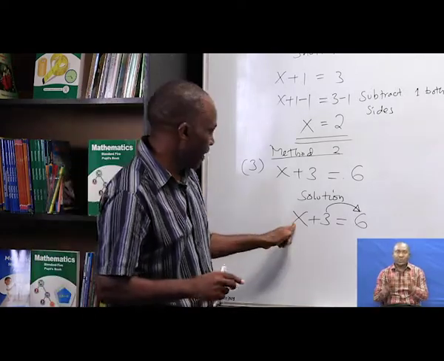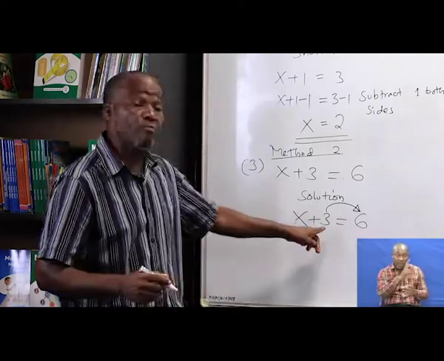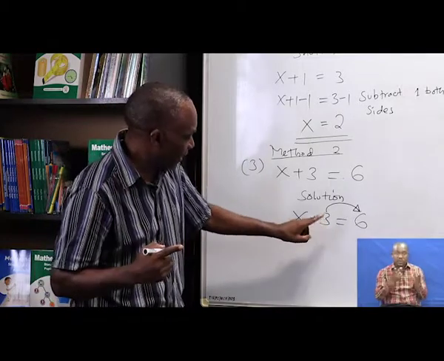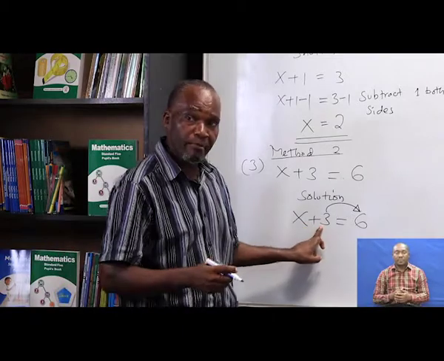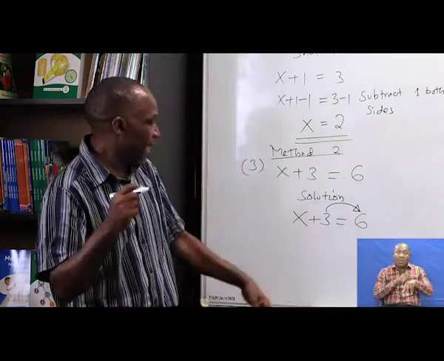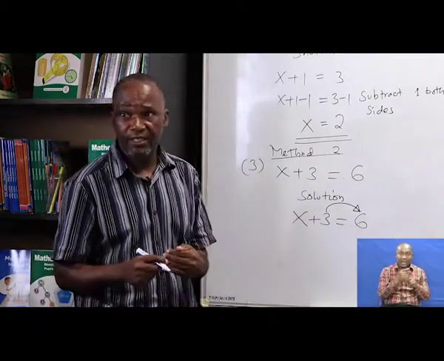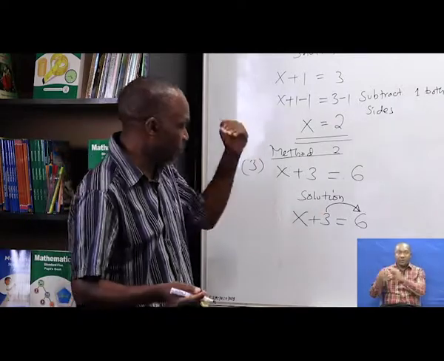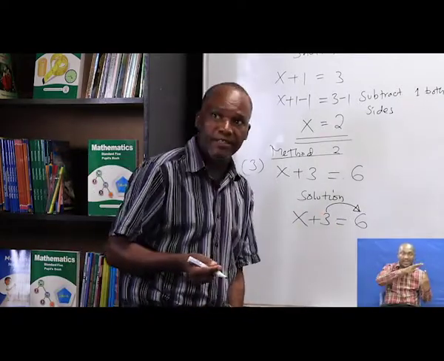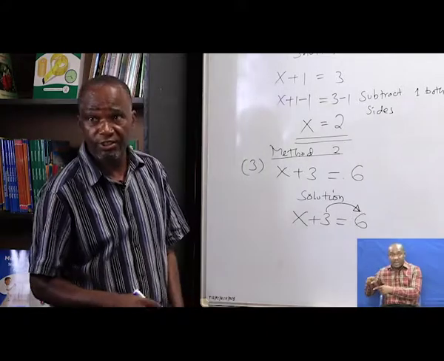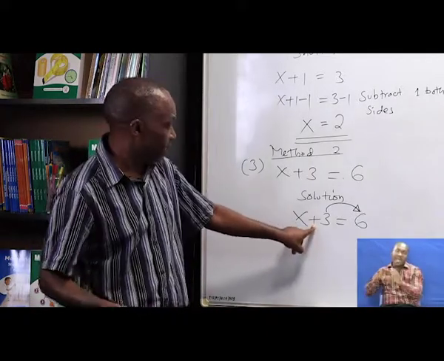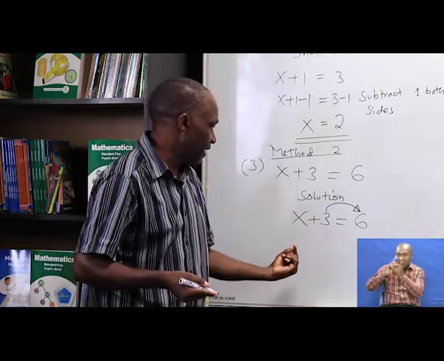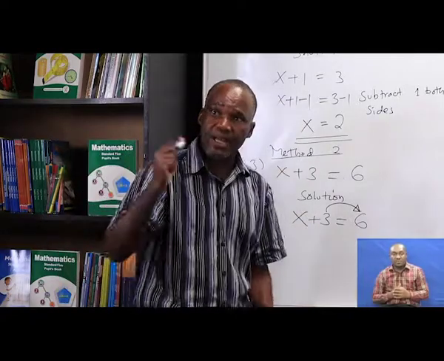Remember, you are taking 3 to the other side. So when a number, any number or a letter, is shifting to the other side of an equal sign, the sign is going to change. If it was positive, it's going to be negative. If it was plus, it's going to be subtraction.